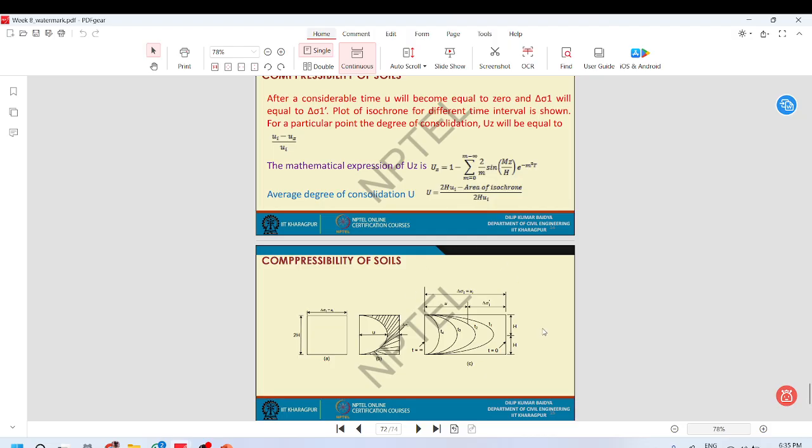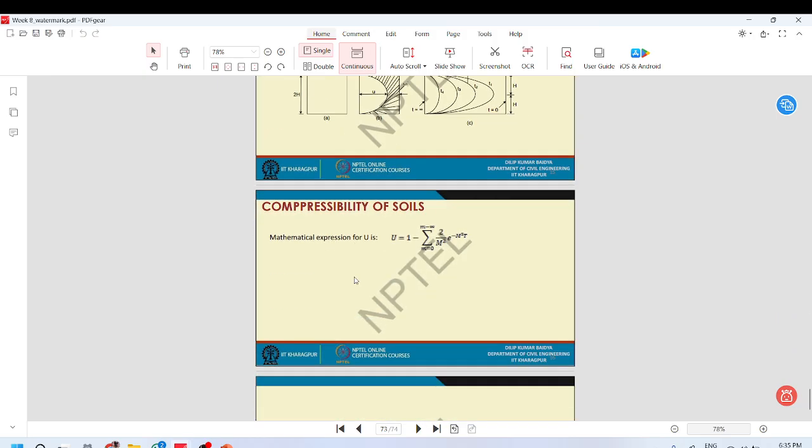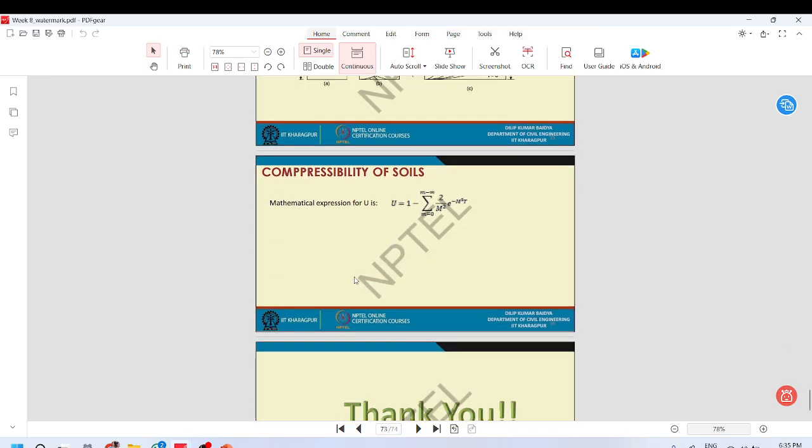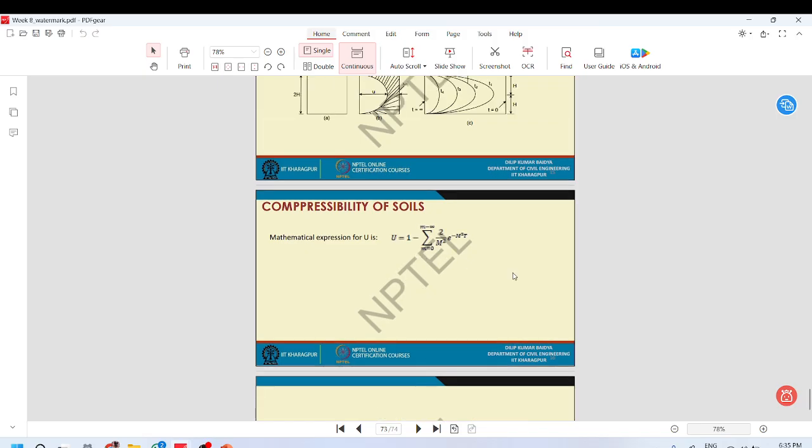And how this dissipation takes place is what we study in consolidation analysis. And we talked about the mathematical expression of U, the degree of consolidation.